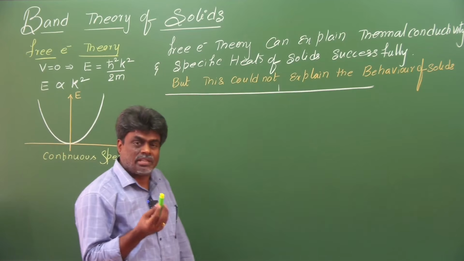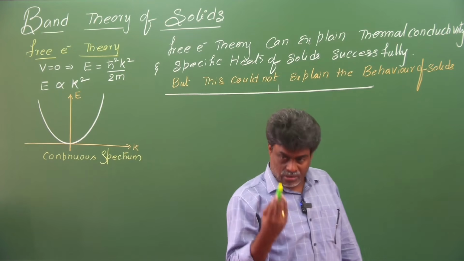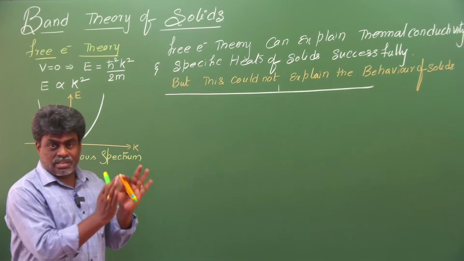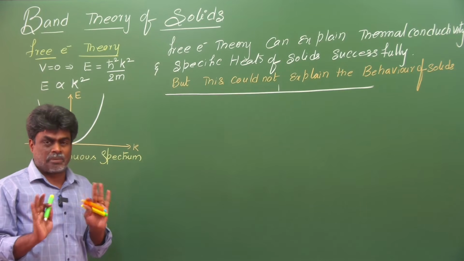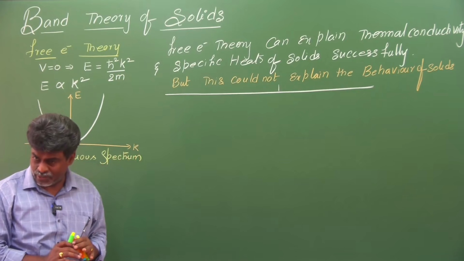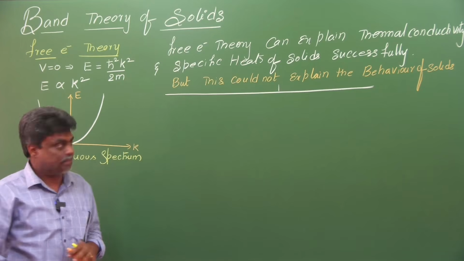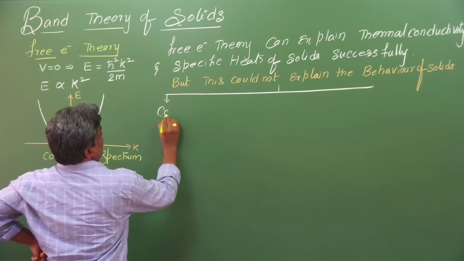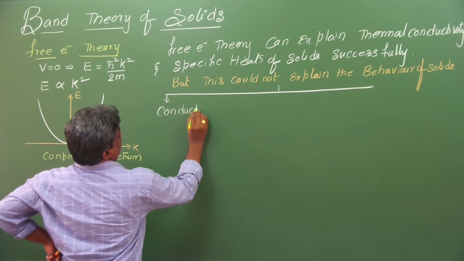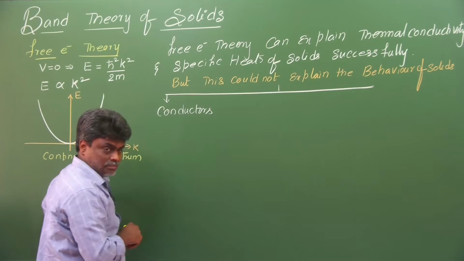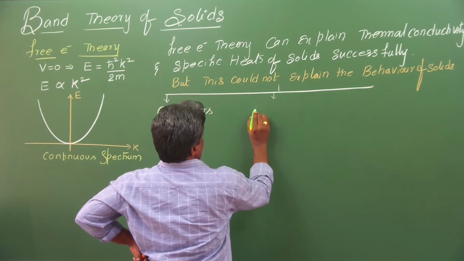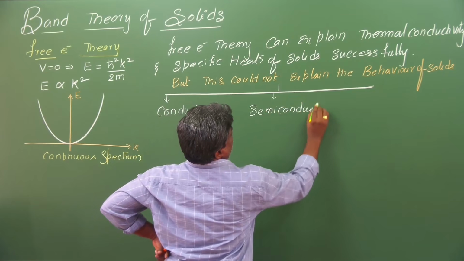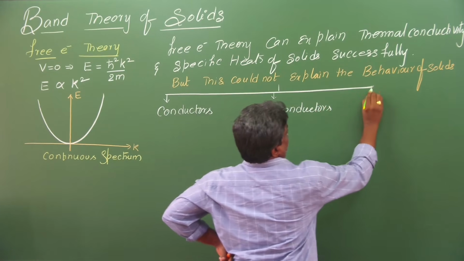How do these solids become insulator or conductor or semiconductor, on what basis? So this classification came. This was not explained by free electron theory. I hope you understand the failure of free electron theory. This could not explain the behavior of solids. What is that? Conducting behavior. How did we get conductors? Or next one, semiconductors and insulators.